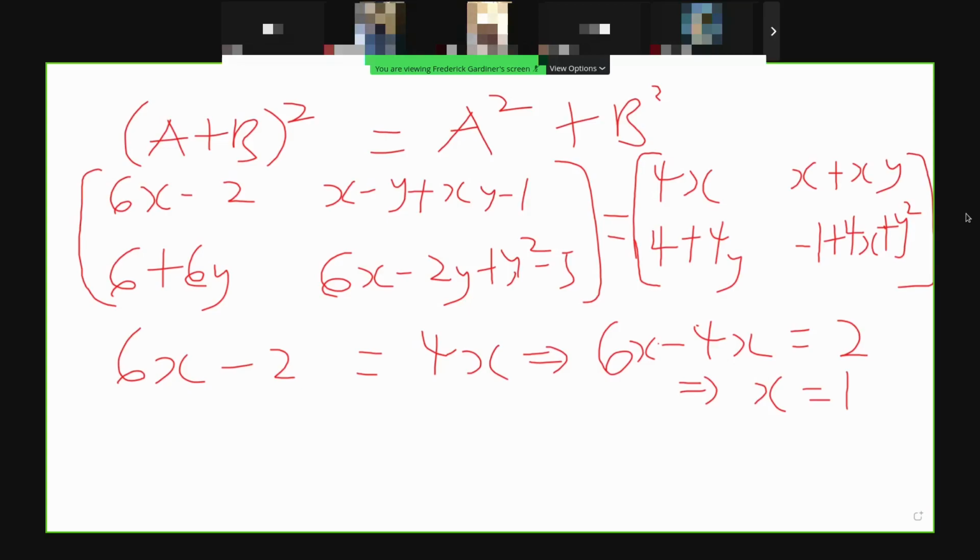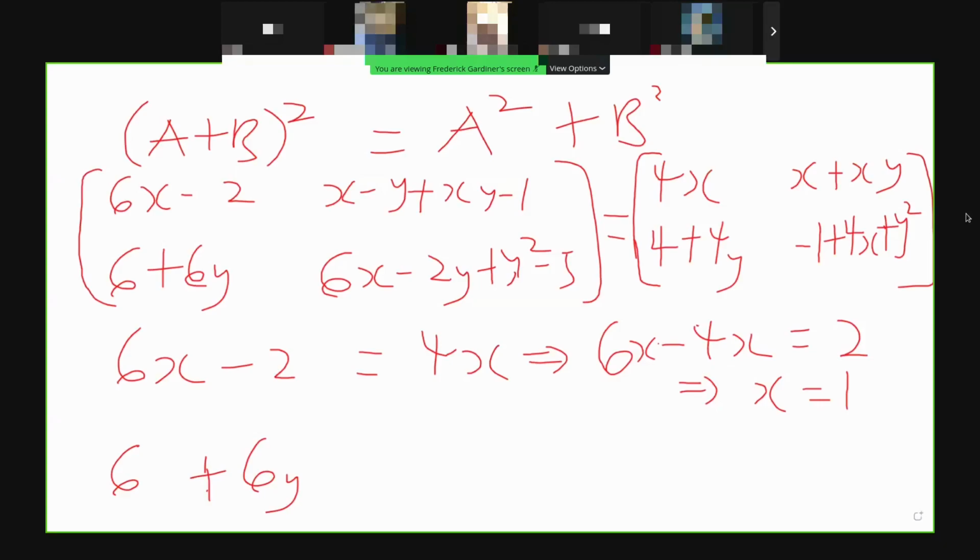But another smart thing to do would be to take 6 plus 6y, the first element in the second row of the right-hand side. It doesn't matter which side I call it.